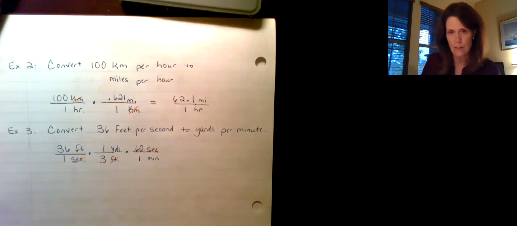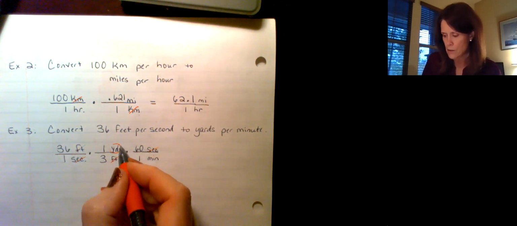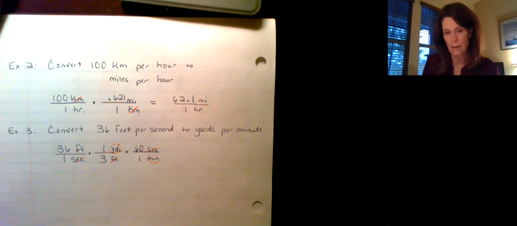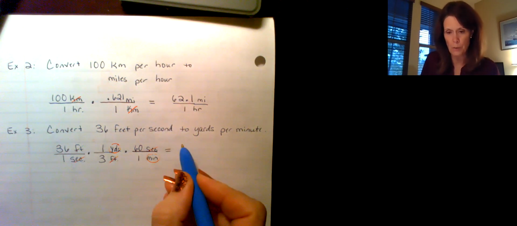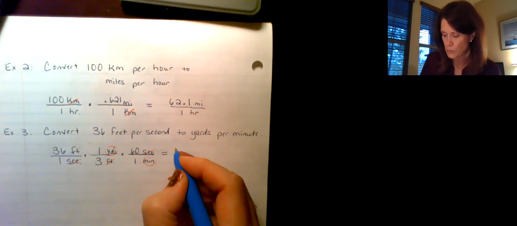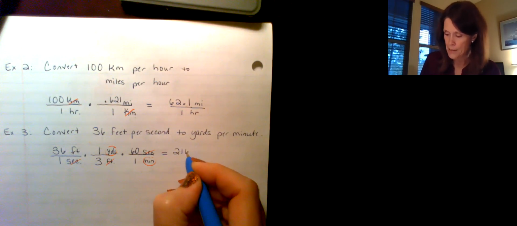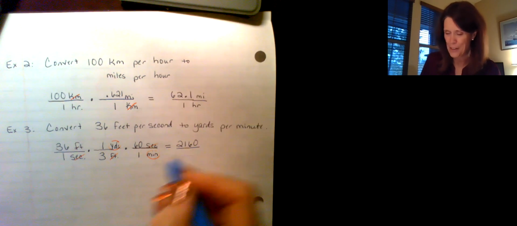So it's not going to change quantity. It's going to change the label, though, because now these seconds canceled out. And so what remains are the yards and the minutes as far as a label. And what we get when we multiply our numerators, I've done this ahead of time, so you don't have to.